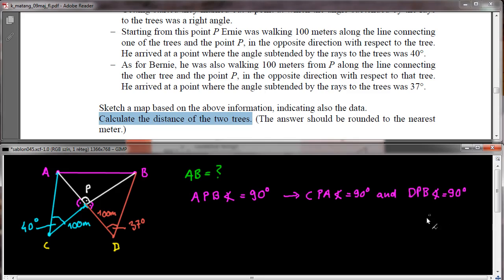Also 90 degrees. Now what we know, if I consider only the ACP triangle, okay, what do I know? I know one of the sides, and I know one angle, and I know that this is a right triangle, so it has a right angle.